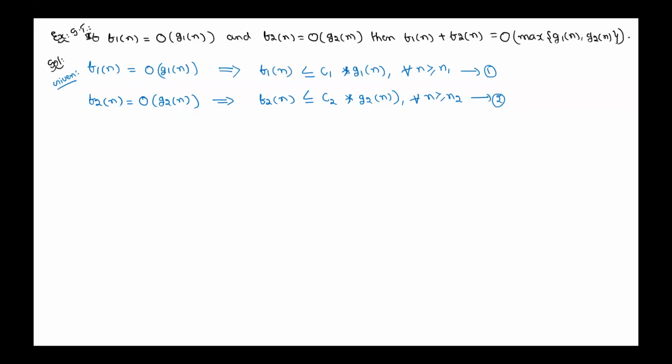Now, what is f1 of n plus f2 of n? You add these. Left side and right side, we get f1 of n plus f2 of n is less than or equal to C1 into g1 of n plus C2 into g2 of n.